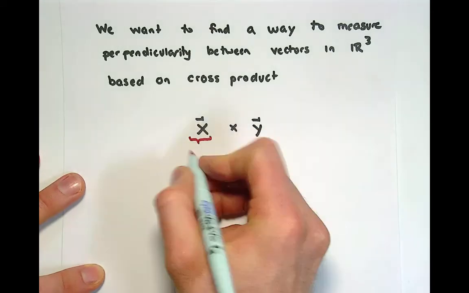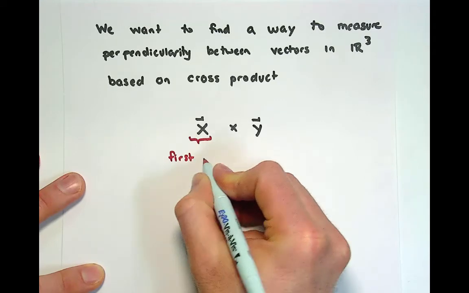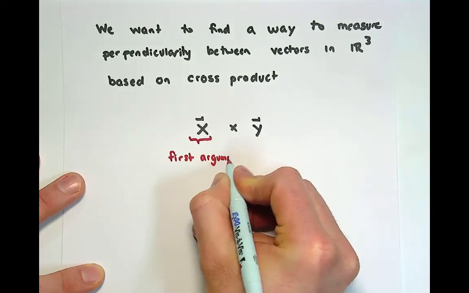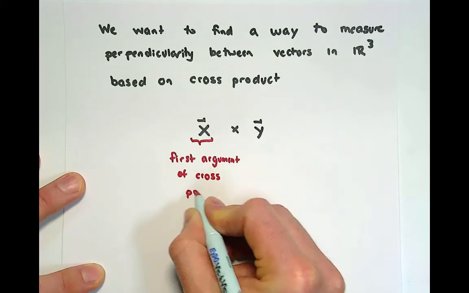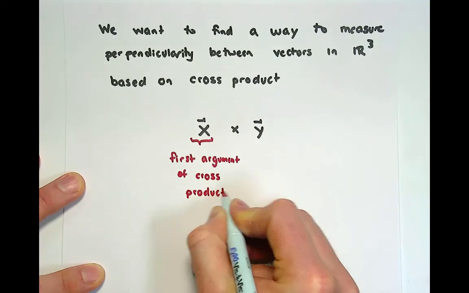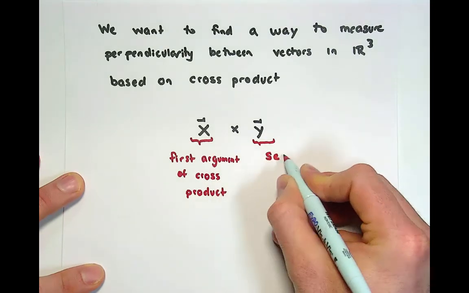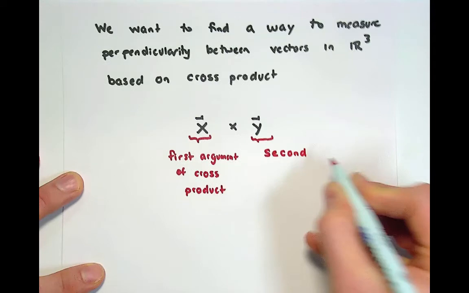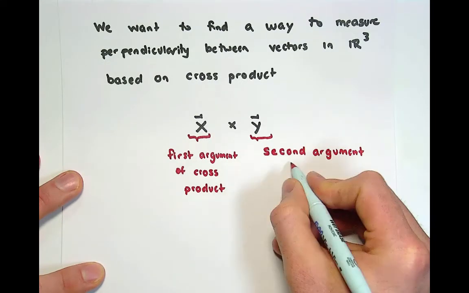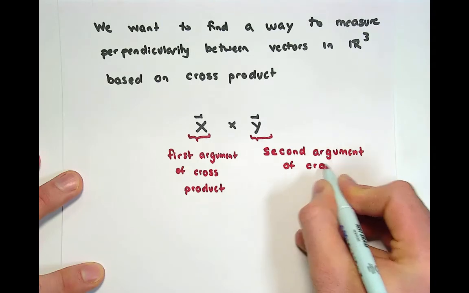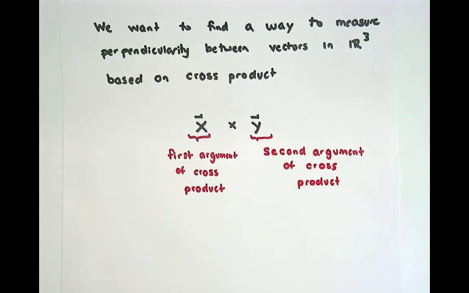Just to introduce some ideas, I want to call this thing the first argument of the cross product, and I want to call this thing the second argument of the cross product. And you'll see why I do this later in this video and also in future videos.